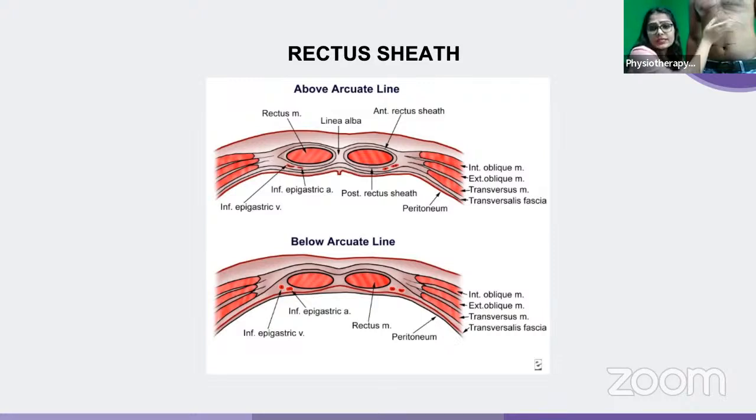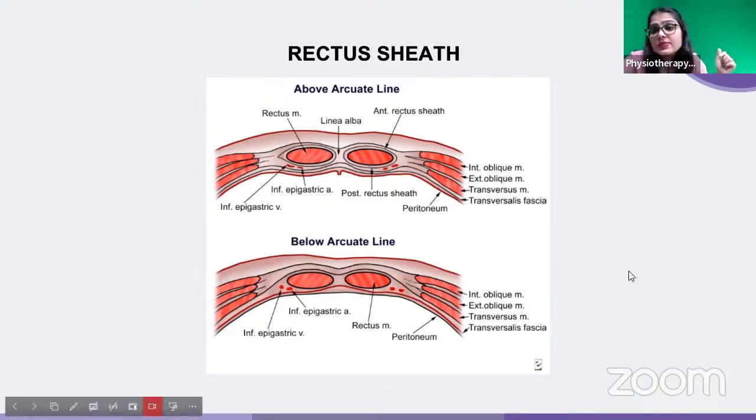Above this, the internal oblique muscle, external oblique muscle, and transversus muscle have given their aponeurosis to form a rectus sheath. Anteriorly, it has the internal oblique muscle. Your external oblique muscle got divided into two parts and went anteriorly as well as posterior to the rectus muscle.